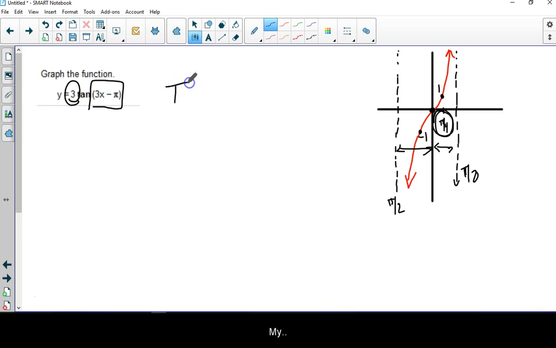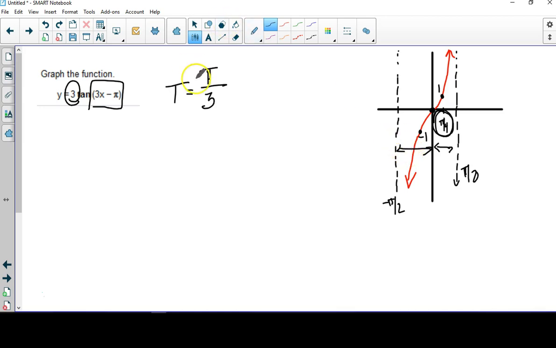So my period for tangent, its parent function, is only pi, right? Negative pi halves to positive pi halves. So it's pi, not 2 pi, divided by my omega, which here is 3. So this is going to be very fast. You're going to travel pi over 3 steps, and you're going to finish one of these tangent squiggles.